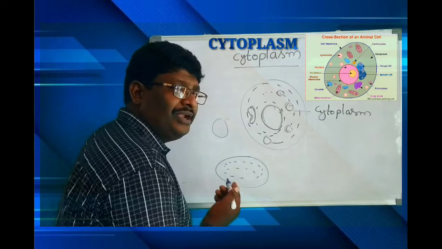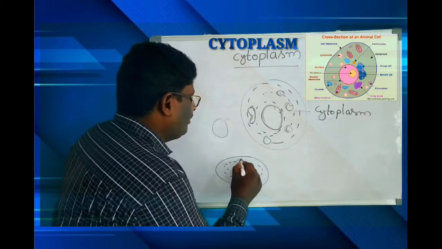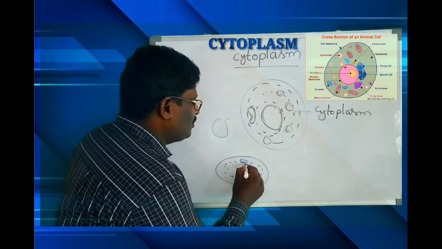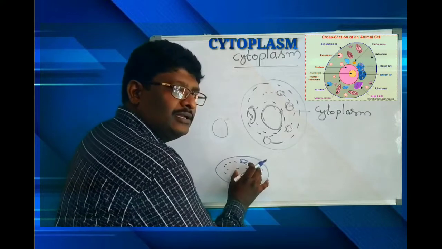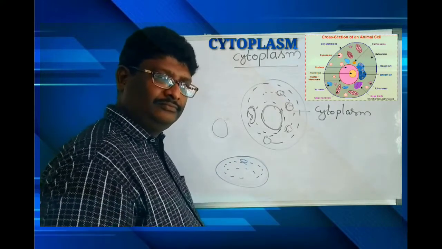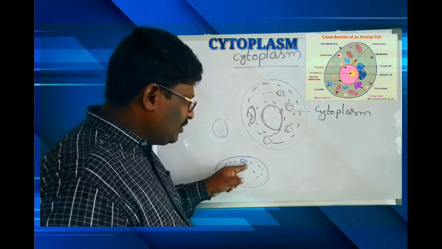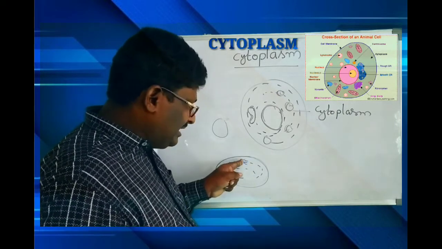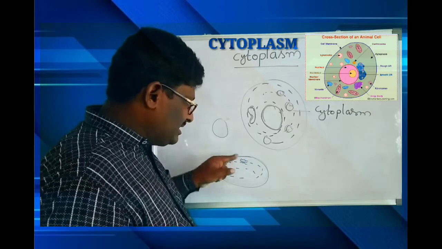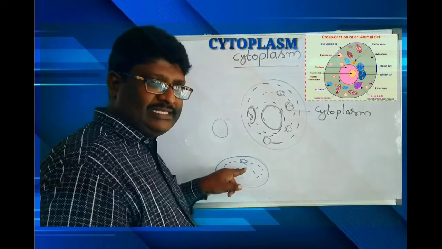The genetic material moves freely in the cytoplasm. This is a nucleus, but there is no nuclear membrane. The genetic material is in the cytoplasm.